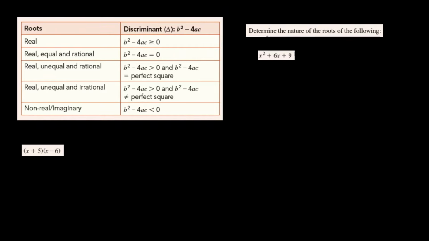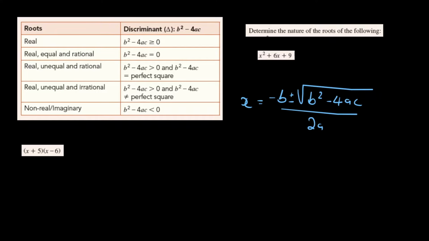So when they talk about nature of roots, it's nothing that should be foreign, because we're looking at your quadratic formula: minus b plus or minus the square root of b squared minus 4ac, all divided by 2a.